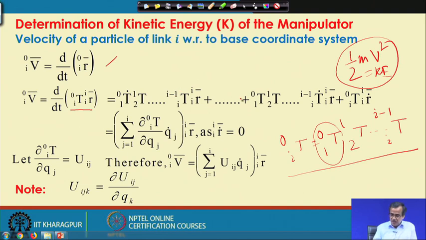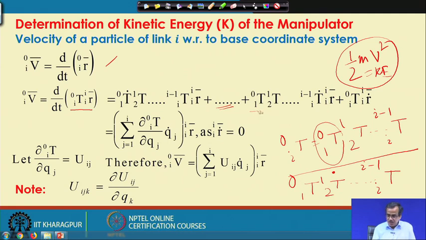The next term will be T_1 with respect to 0, then T_2 with respect to 1 dot, and then the last term is T_i with respect to i minus 1, multiplied by r_i with respect to i.